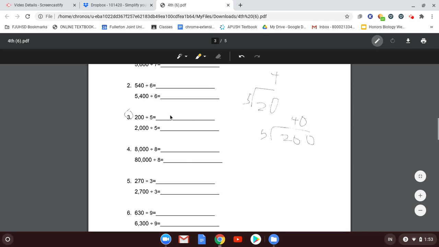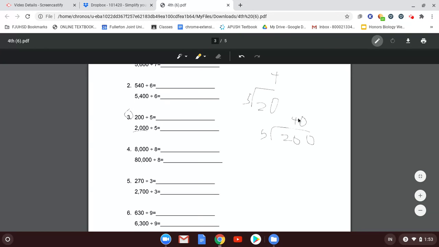Okay, see how when the number has another 0 at the back, so 20 and then 200 has another 0, the answer also increases with another 0 in the back. So 20 times 10 equals 200, 4 times 10 equals 40, and then 200 times 10 equals 2000.